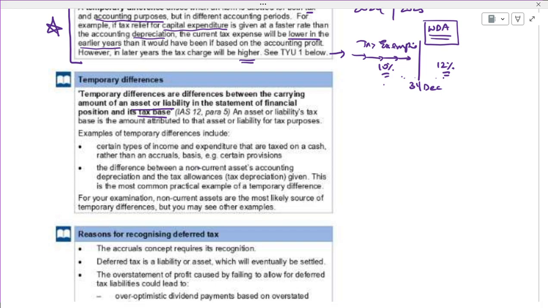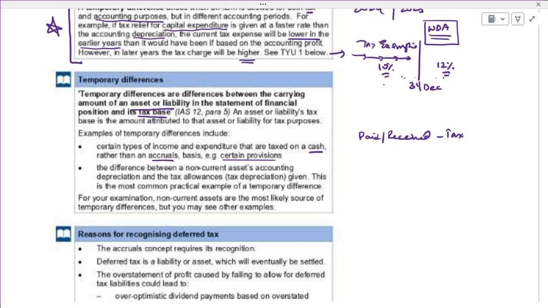Examples: certain amounts of expenditure that are taxed on cash rather than on accruals. Example, provisions. Either you are making estimations, is it right? If you have paid or you have received, then only the tax will be charged.